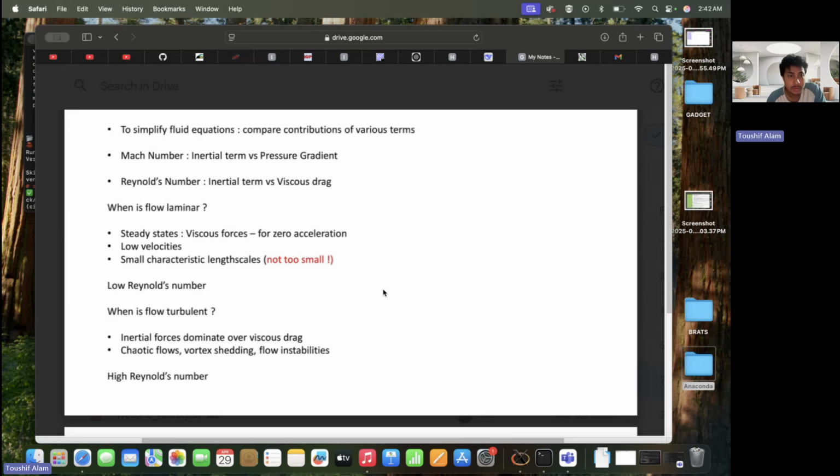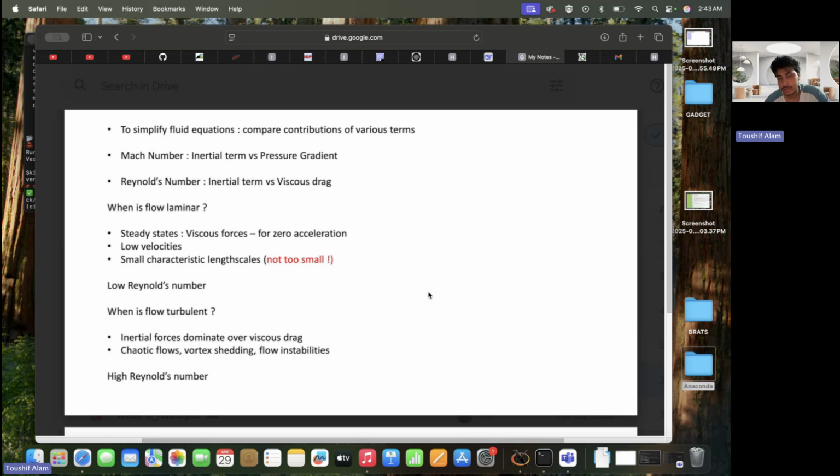Chaotic flow is basically flow that is chaos, like the flow is moving arbitrarily in any direction. It is considered chaos, and it is often associated with a high Reynolds number.